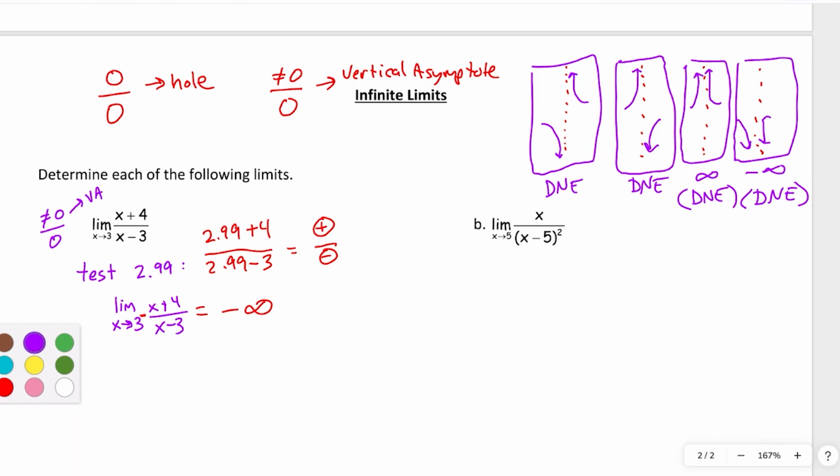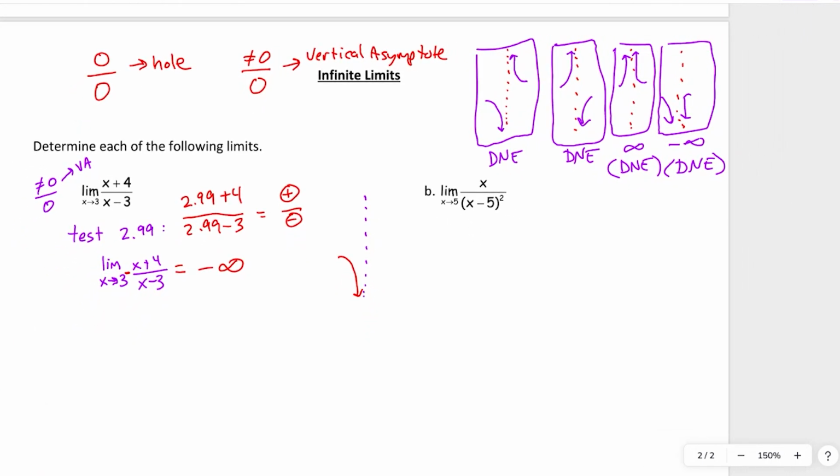If this is my vertical asymptote, I know the function is going down this way. But now I need to determine what's going on the other side. So what might be a good number to test to find the right-hand side? 3.01 would be good, sure, barely to the right.